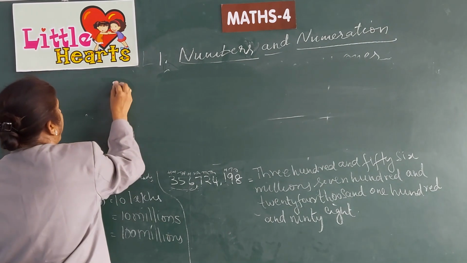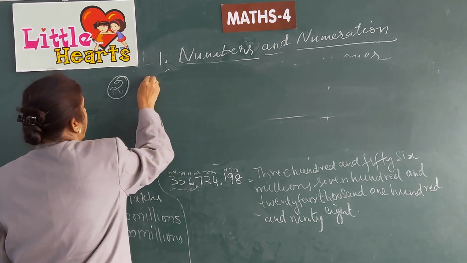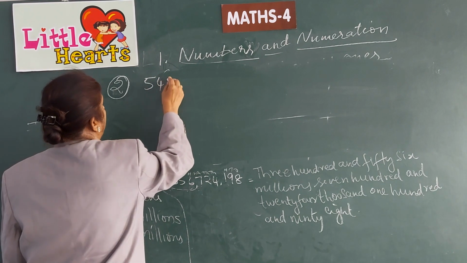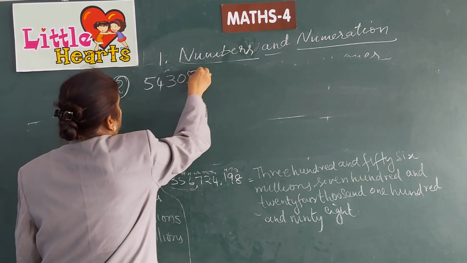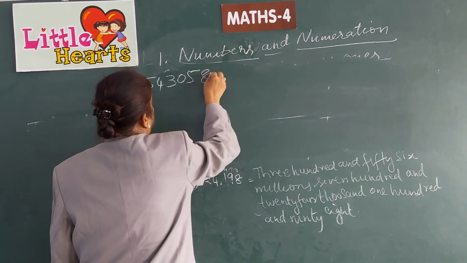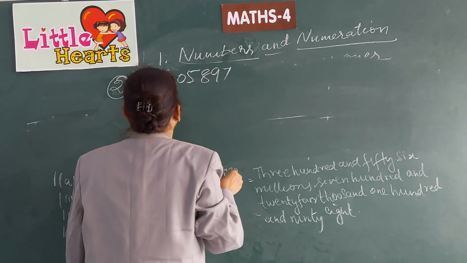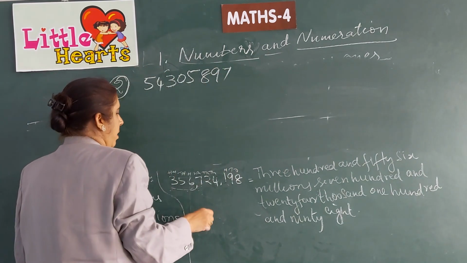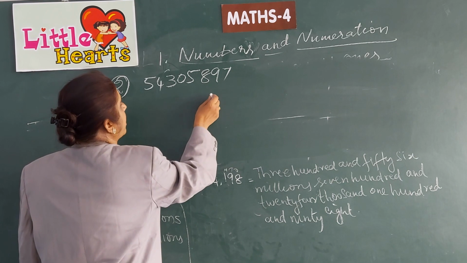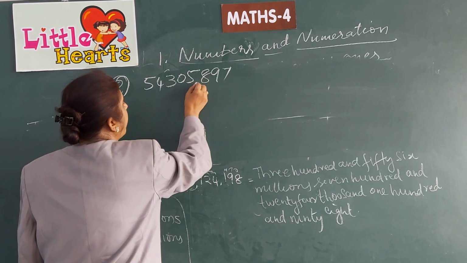One more number. Number name in the international system: put a comma after each three digits.